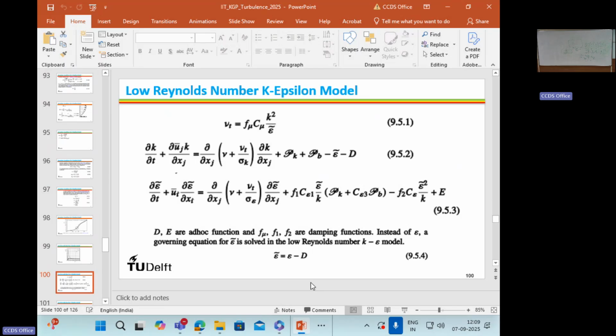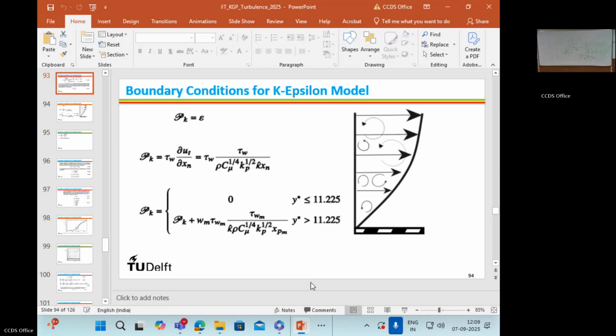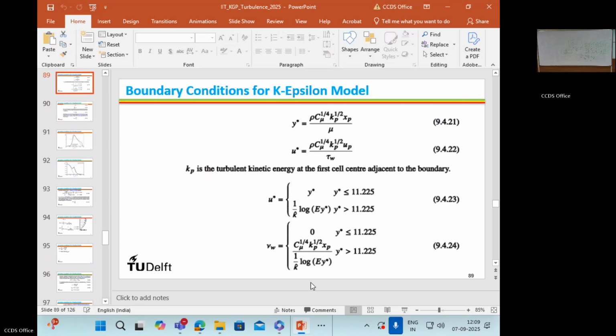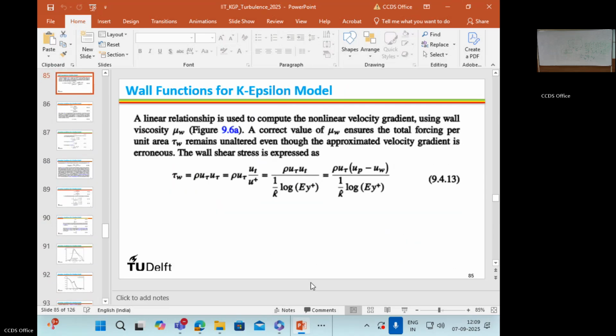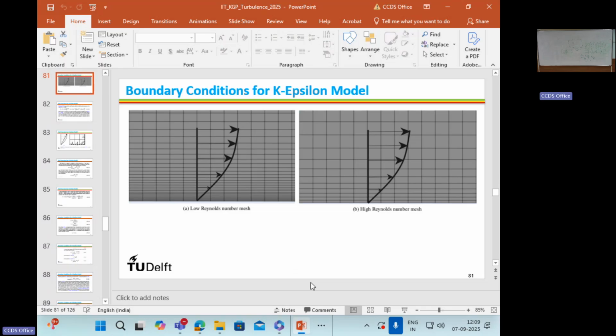But the good thing is that this equation integrates up to the wall. Your grids are very fine near the wall. They integrate up to the wall. Okay.